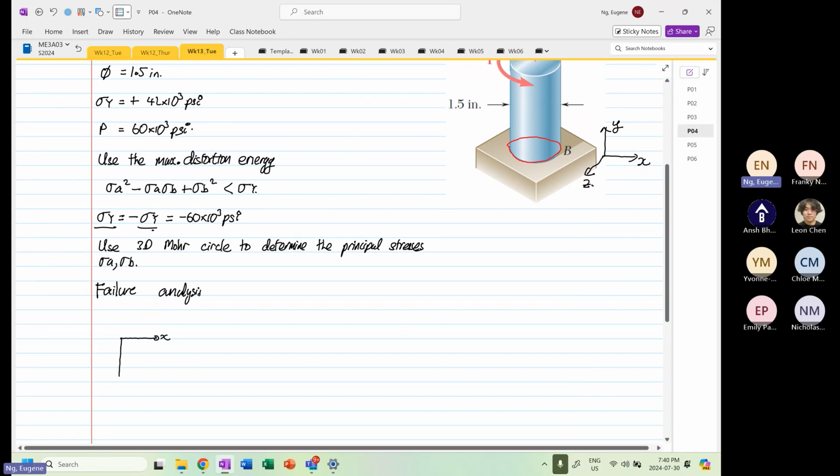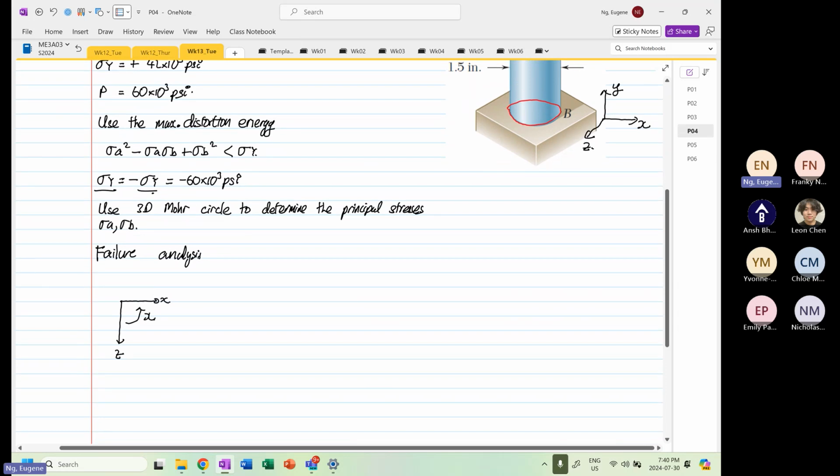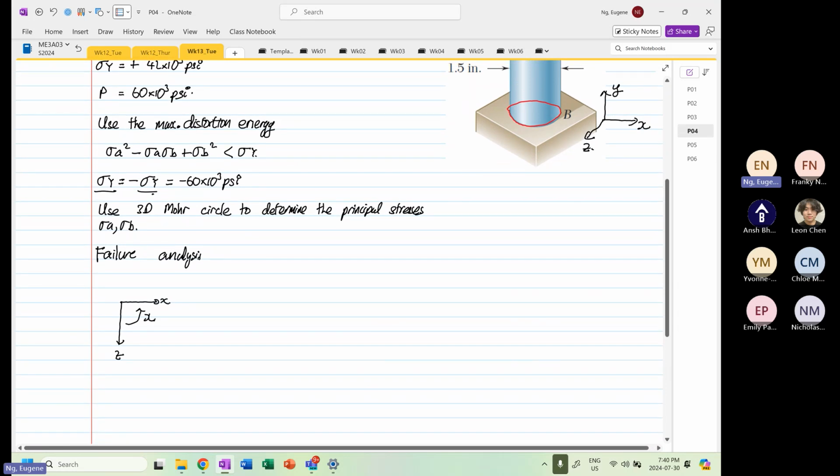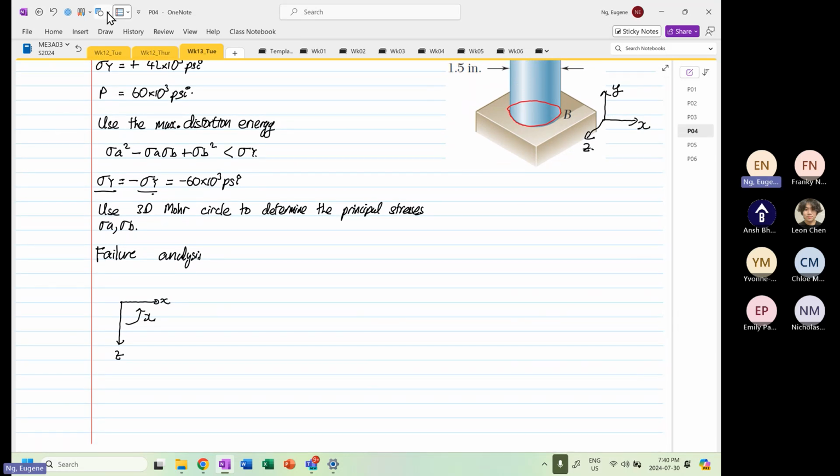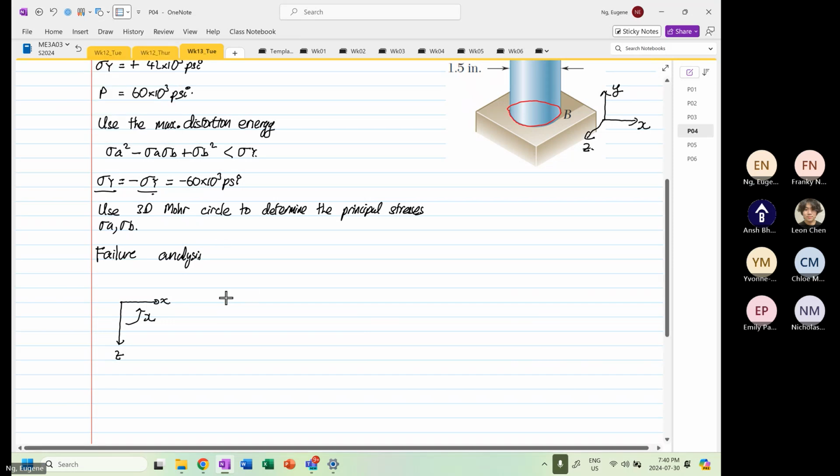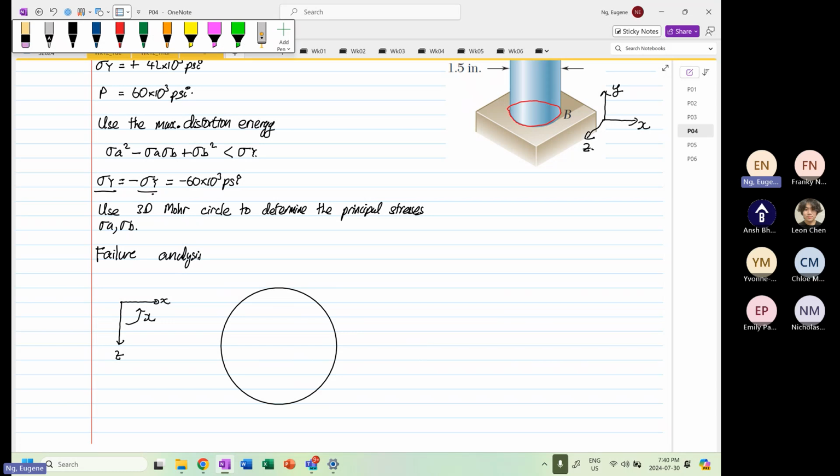So we are going to view from the plan view. I'm going to draw our structure looking from the plan view. Now I'm going to draw some center lines.